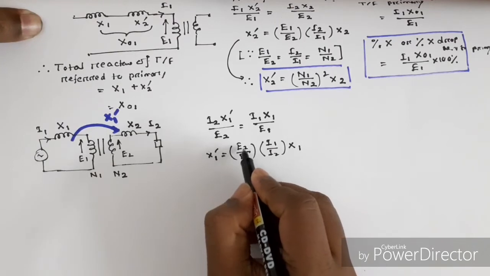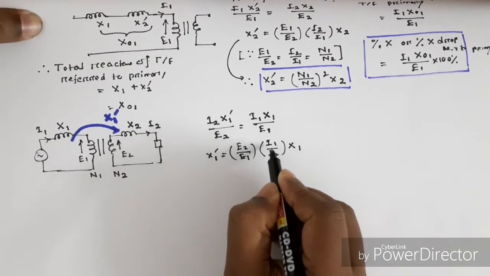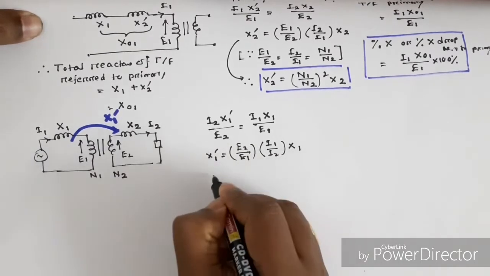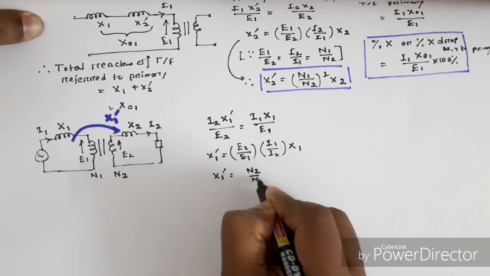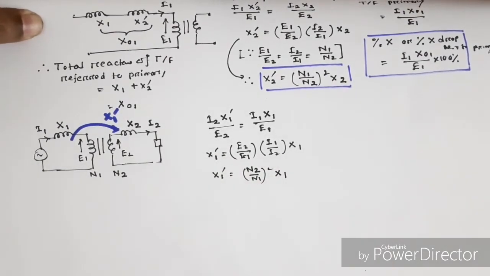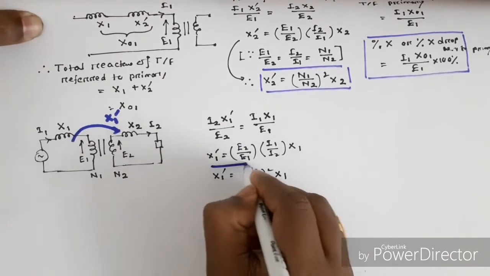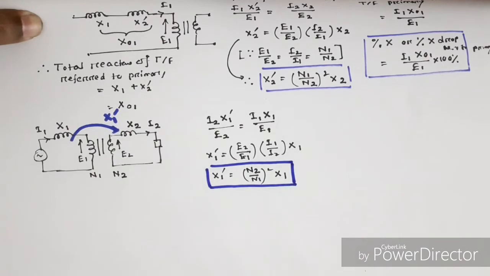Since this is equal to N2 by N1 and this is equal to again N2 by N1, therefore we can write down X1 dash equal to (N2 by N1) square into X1. This is again one of the important formulas. You have to remember this formula also.